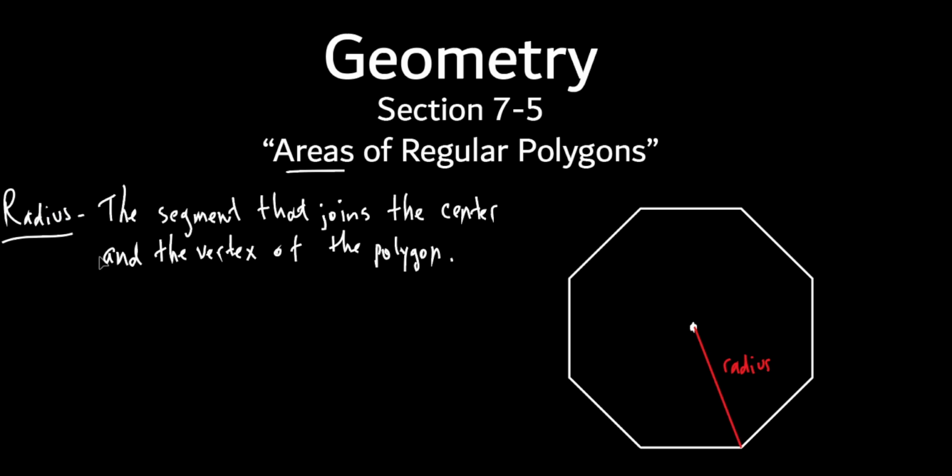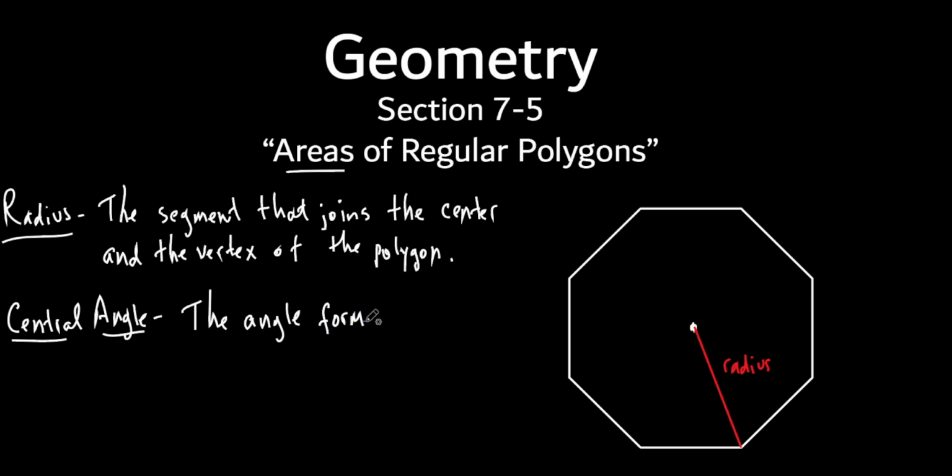How many words did I say we're going to do before we talk about the area of it? 3. So the second one is this. It's actually 2 words, but it's one idea. It's the central angle. All right, central angle. Let's write that down. It's the angle that's formed by 2 radii.